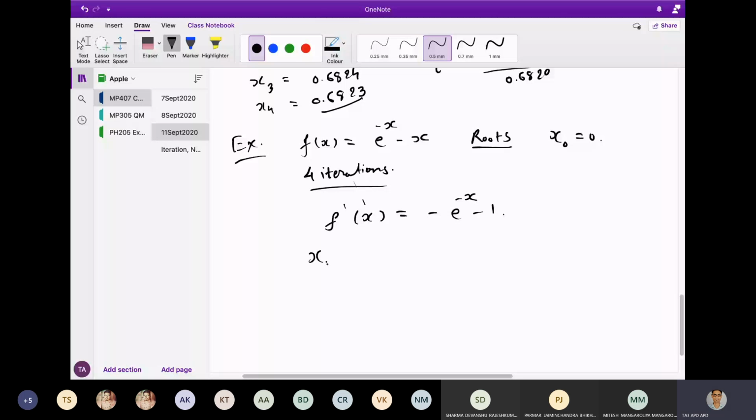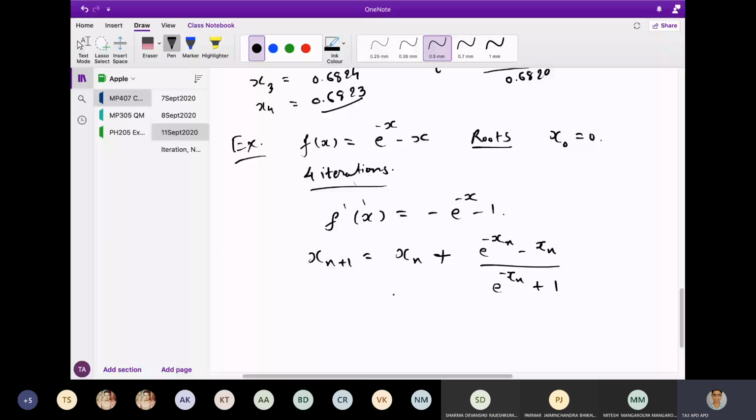And according to that, xn plus 1 should be equal to xn minus e raised to minus xn minus xn divided by, now I'll just take minus sign common out over here, e raised to minus xn plus 1.